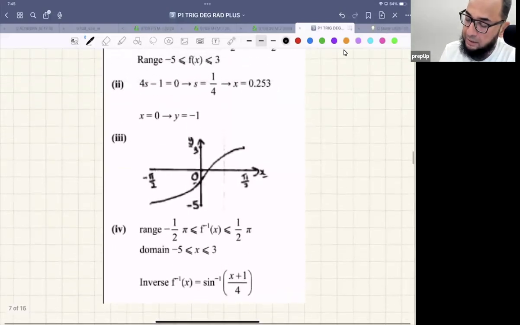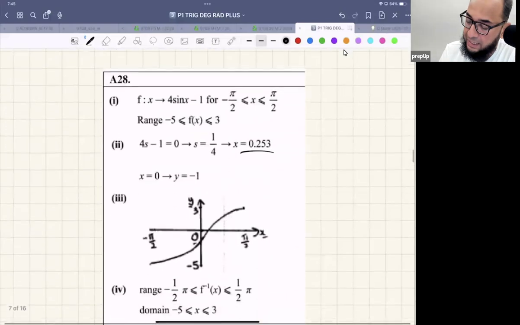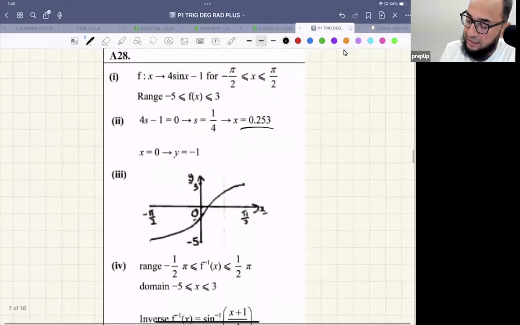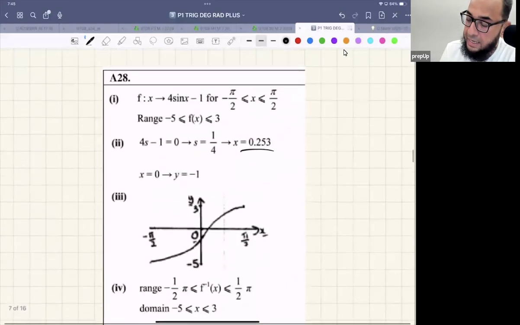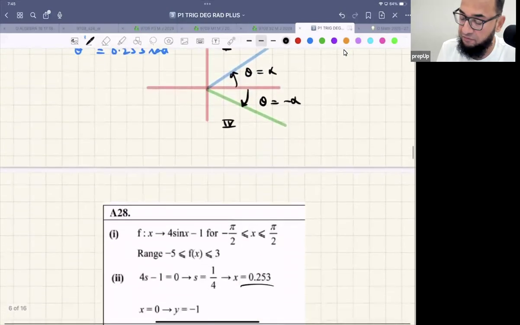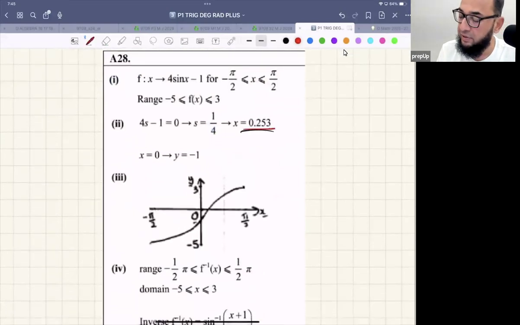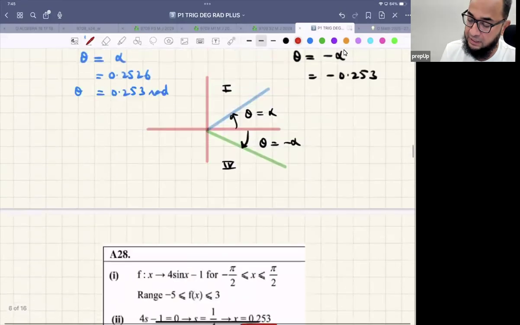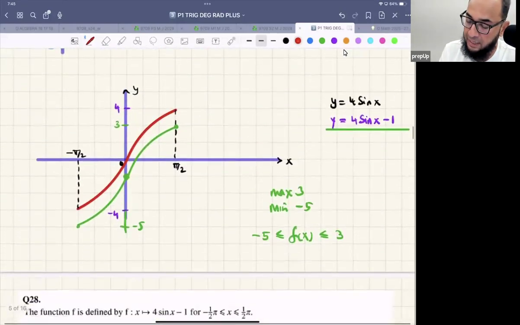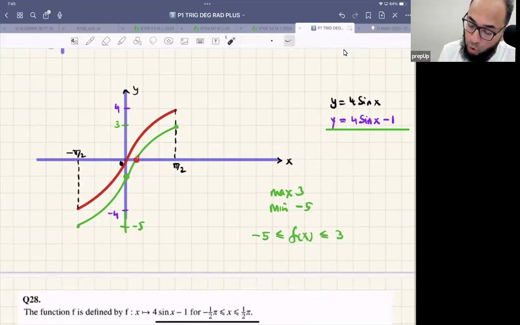Now let's look at the answer. They have given us one answer where it meets the coordinate axes. This thing is not part of the range, so that is why we ignore this answer. Over here, this answer is given, 0.253, because the graph is touching over here. Just look at the graph. It's not touching on this portion.